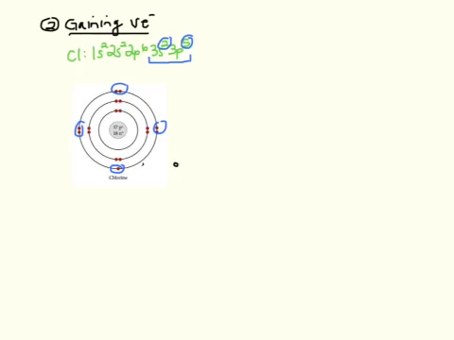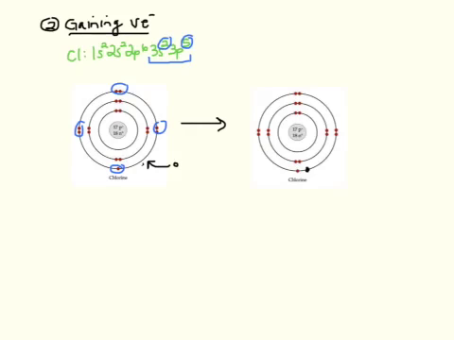So we'll have it coming from out here, and you're going to end up with an extra electron on chlorine. So that changes the 5 here to a 6, and essentially means that it now has the electron configuration of argon. So it didn't turn into argon because it still has 17 protons in its nucleus, which makes it chlorine. It just now has the electron configuration of argon.